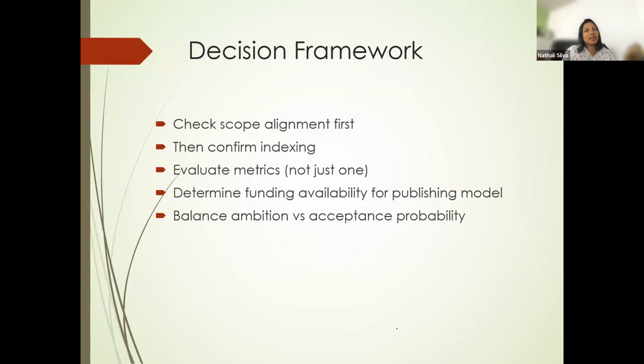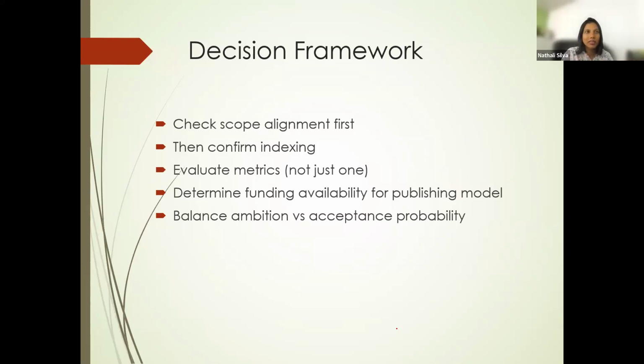In that case, it is the responsibility of authors to determine what journal to submit to. You can critically evaluate the quality of your work and then determine whether you're going to submit to the one with 5% acceptance or the one with 20 to 25% acceptance, because the review process is very lengthy.